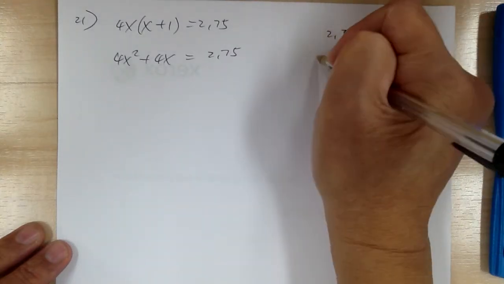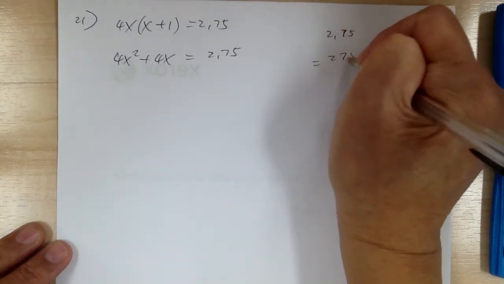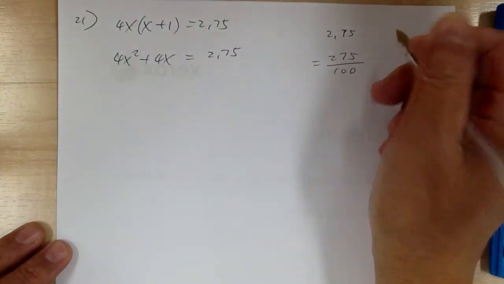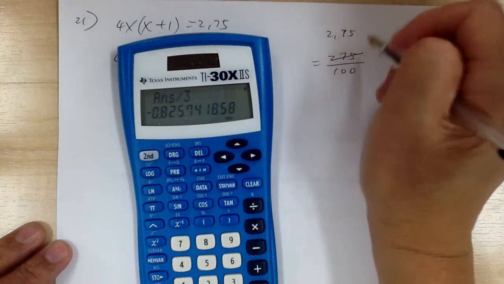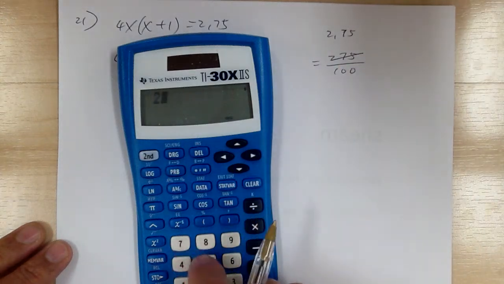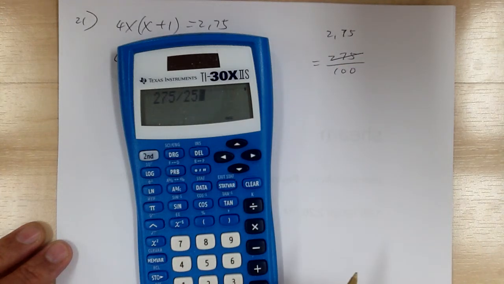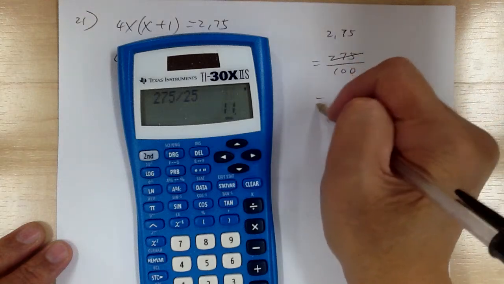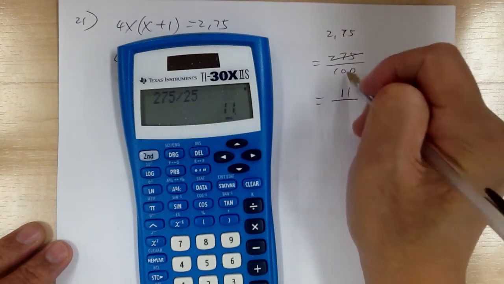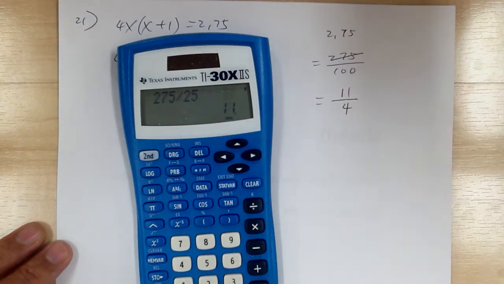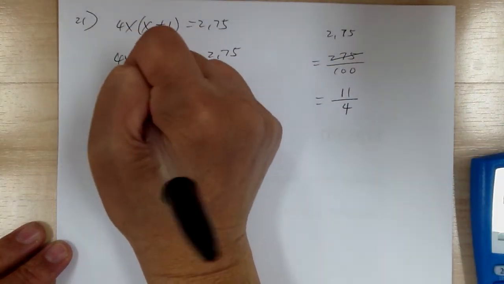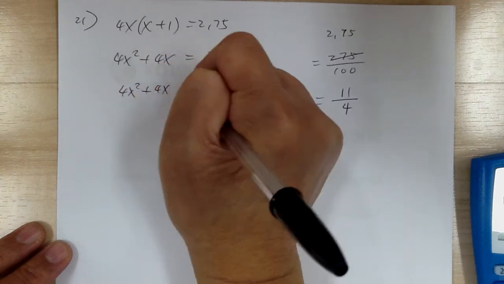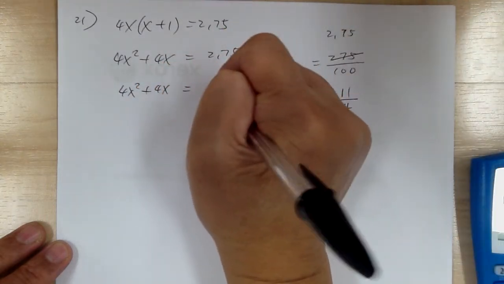So 2.75 is equal to 275 over 100. Divide by 25. Okay, so 275 divided by 25 equal to 11 over 4.